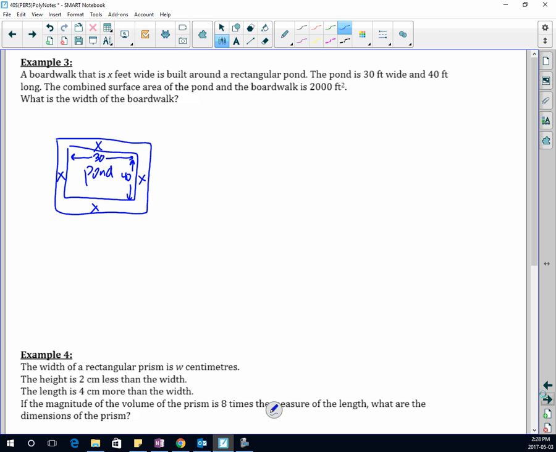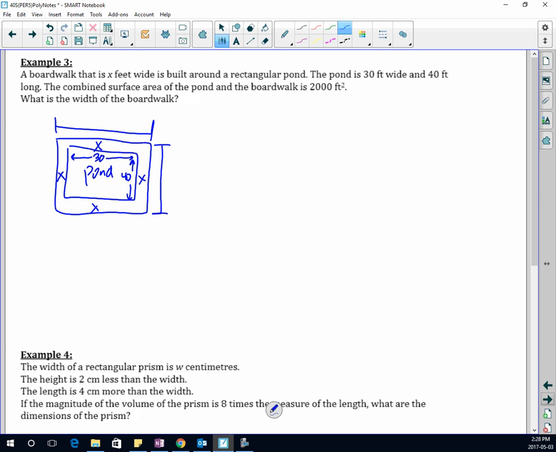They're giving you that the total combined surface area of the pond and the boardwalk is 2,000. Does everybody see they're giving you this whole big rectangle? So if I can figure out that dimension, we should be able to go.